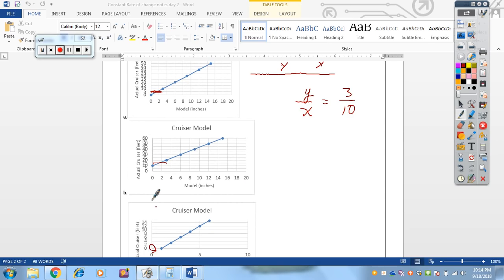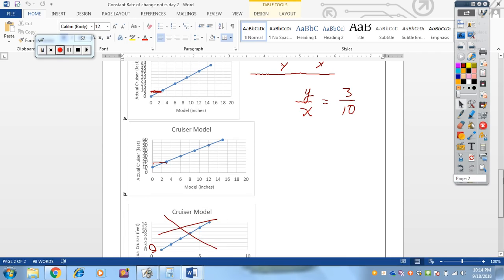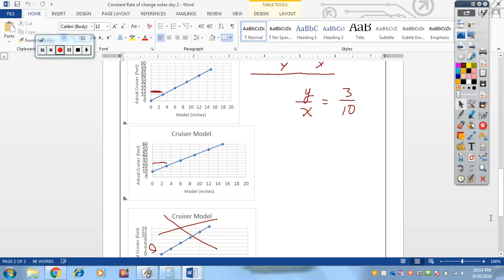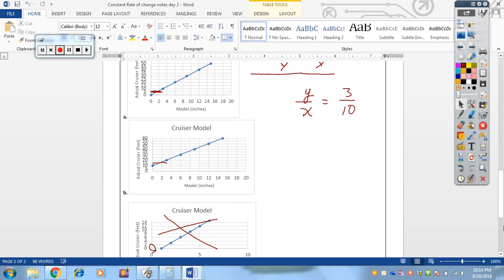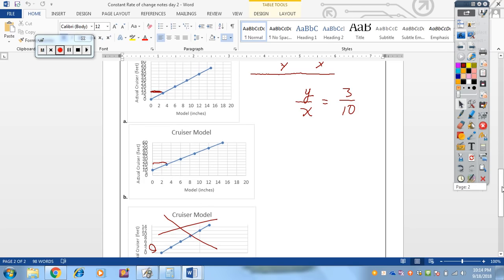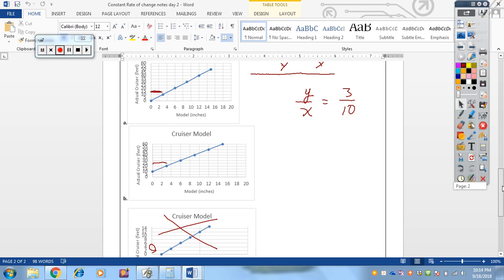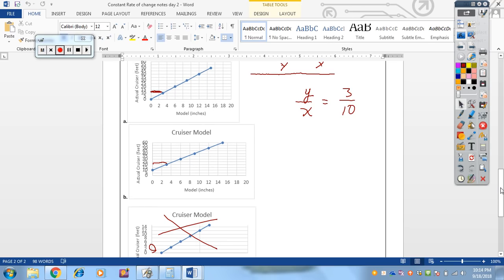It has to go through here, so I know it's not C. Thank goodness, because I can hardly keep it on my paper. I would say that's 3 and 10.